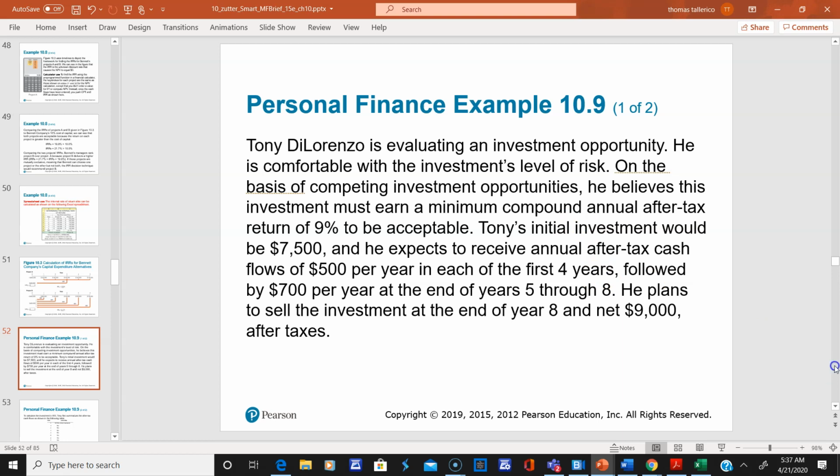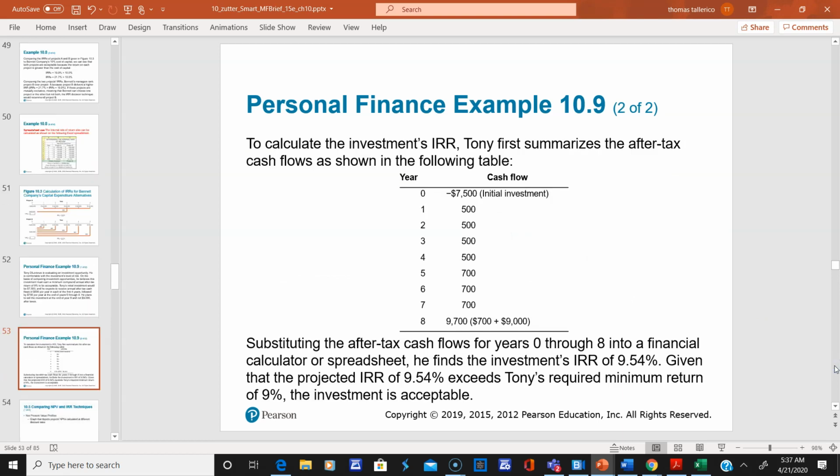Tony DiLorenzo's cash flows look something like this. Tony summarizes the after-tax cash flows. Here's the initial investment. You notice it's negative. And then here are the cash flows, and he gets a big one at the end here.